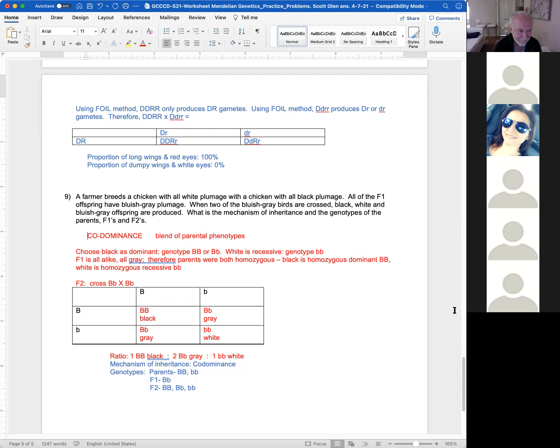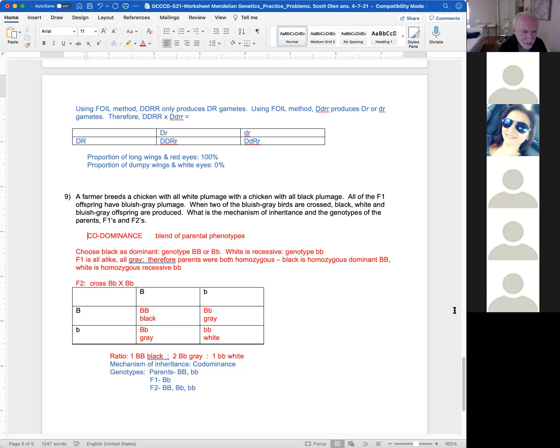So the first part is, what is the mechanism of inheritance? That's really the first question they want answered. Well, there are 3 mechanisms of inheritance that you know. There's complete dominance, incomplete dominance, and there's codominance. So which one would this actually be? I think we have the wrong thing written down here.